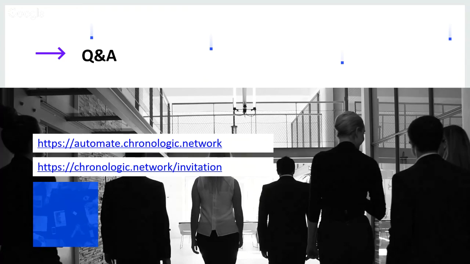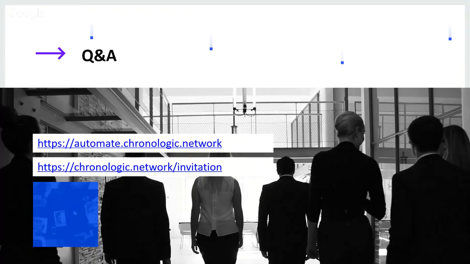I think, Clarence, you have shown the demo from automate.chronologic.network. Yep, that's correct, Daniel. automate.chronologic.network is the URL for Automate. Okay, thank you. So you can see it's already live, and you can use it.